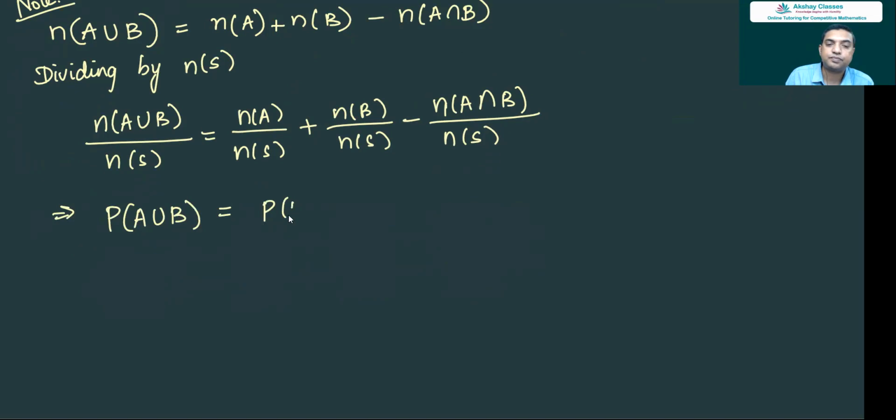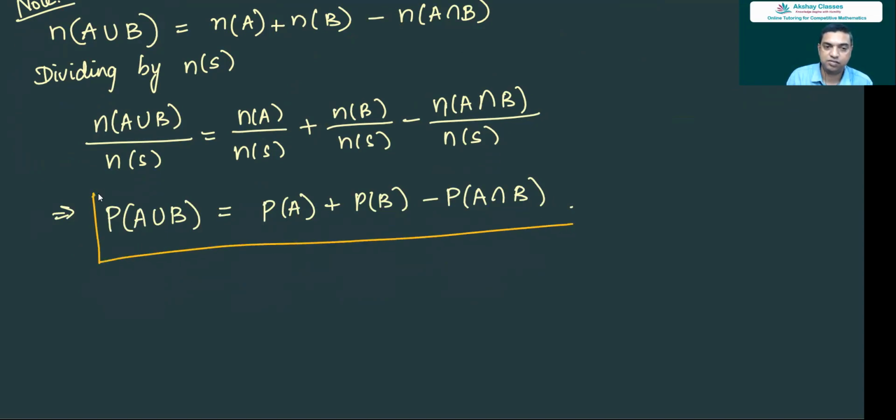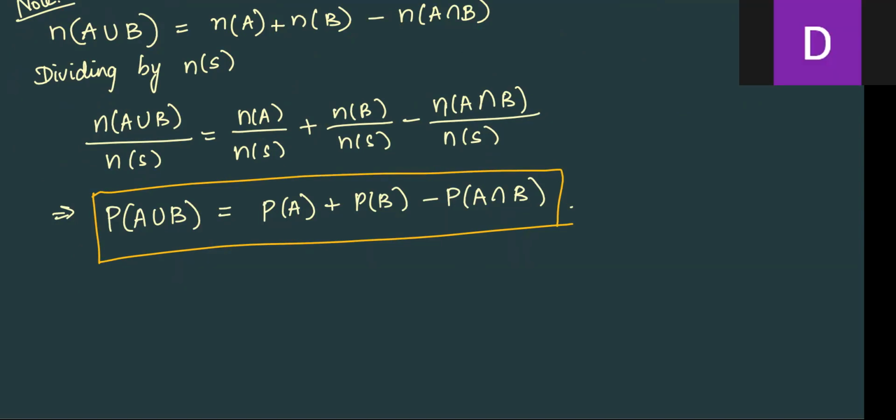This equals P of A plus P of B minus P of A intersection B. So this is the result, the fundamental theorem.